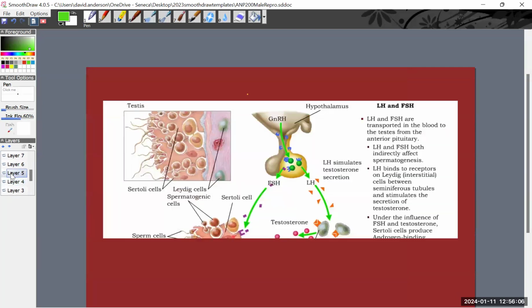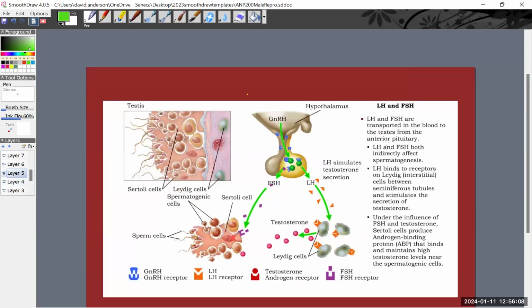Let's take a look at this little diagram here. So here's where we can put it kind of all together with respect to the processes of spermatogenesis. Here we have our interstitial cells of Leydig. See, they're in the interstitium between the seminiferous tubules. There's the boundary of the seminiferous tubule. These are the cells undergoing mitosis.